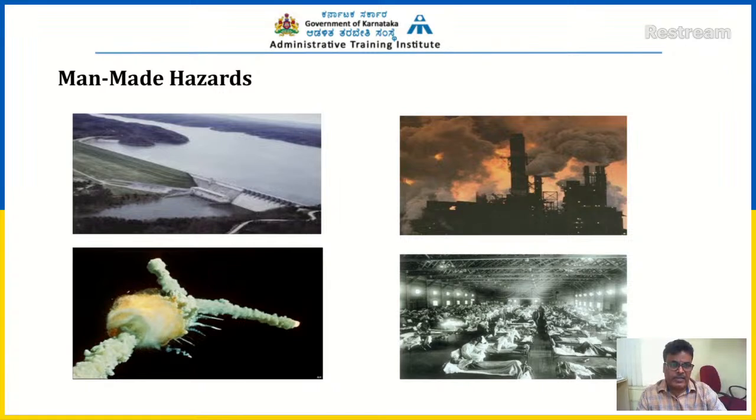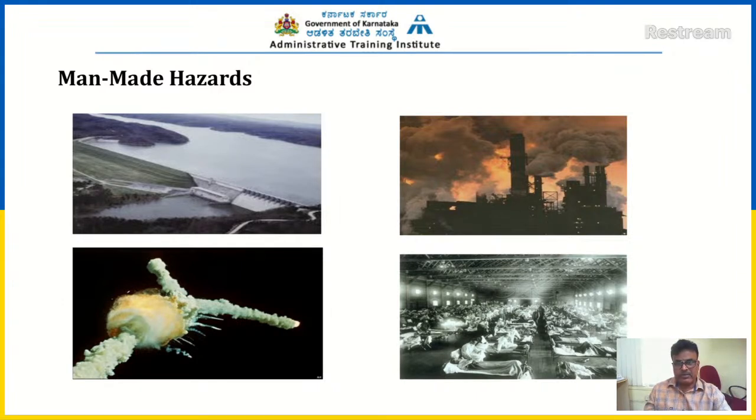Here you can see a biological disaster or a huge epidemic kind of disaster, like COVID-19 or major communicable diseases, epidemic conditions. All this comes under biological disaster. These are some of the examples of man-made hazards.